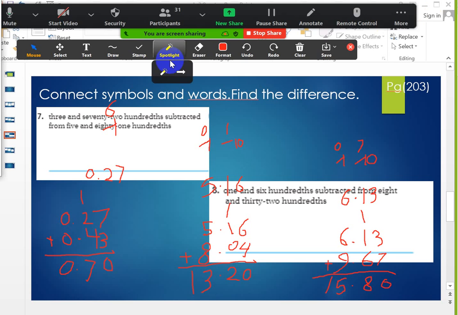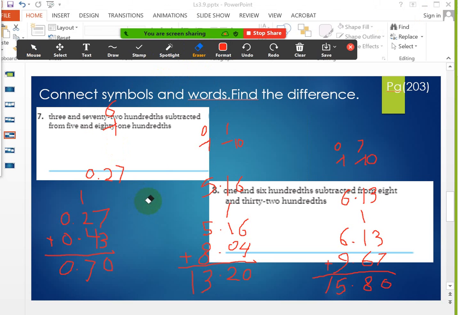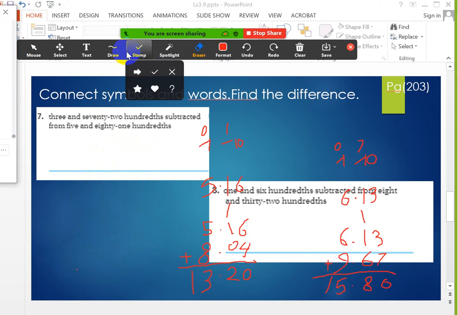Okay. Now here in this exercise, I want to write from the word form to expanded form and subtract the numbers. Let's start.